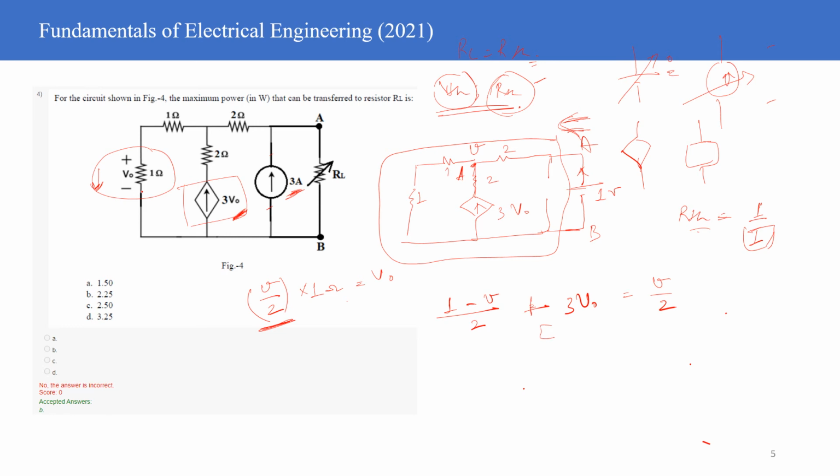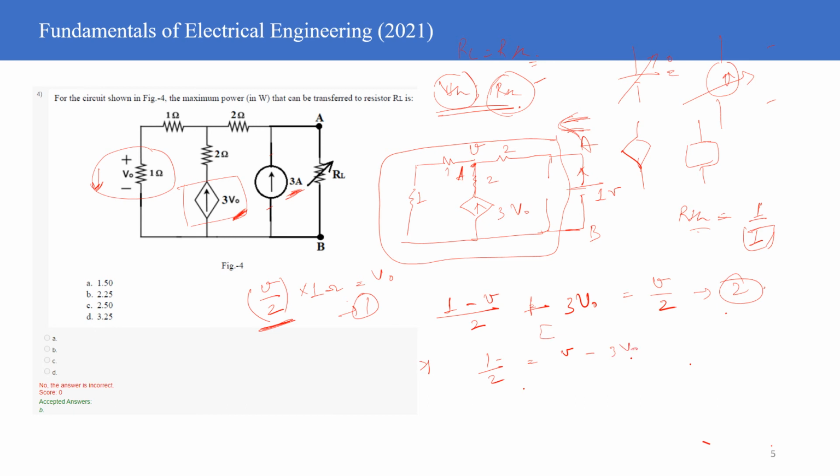So this is your equation 1, and then you can substitute it in equation number 2. So you substitute 1 in 2. You will get (1 minus V) by 2 is equal to V by 2 minus 3 V naught.